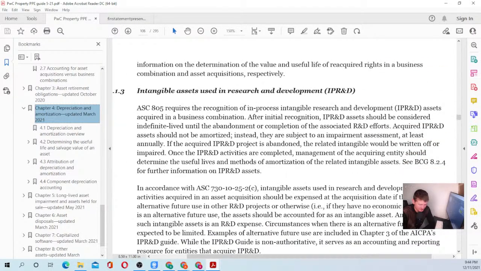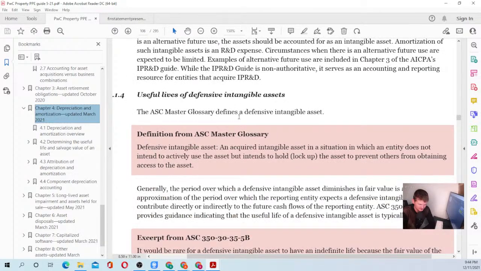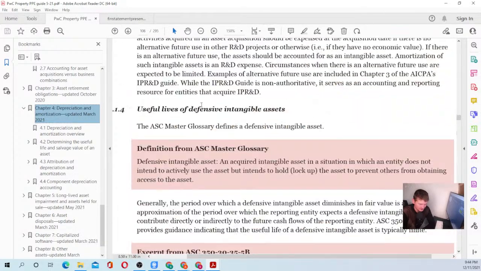And for many quite exotic situations in accounting, like defensive intangible assets, like when you buy a patent not to produce something based on that patent, but just for someone not be able to use that patent.